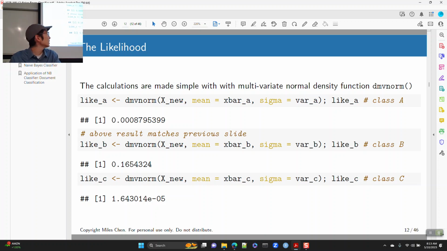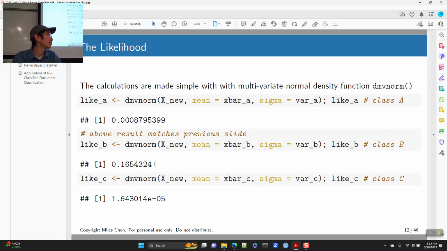One thing about densities: can your density be higher than 1? It can be, depending on the size of your variance. The integral of the density over the entire domain has to integrate to 1, but if it's very concentrated in one area, the individual density can be very high.